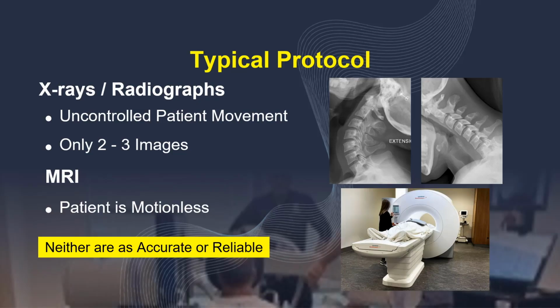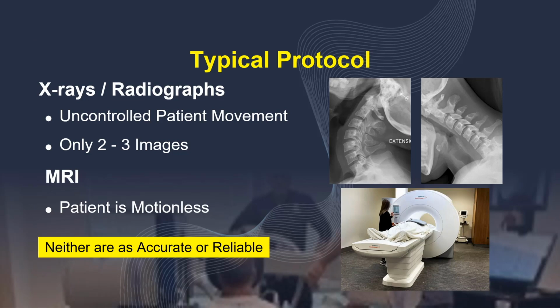You already know as a provider watching this presentation that when you ask a patient to flex or extend, they're going to move, or they may not give you a full effort. And especially in the lumbar spine, asking them to bend over at the waist or bend backwards, this creates the possibility of missing injuries, and it's not reliable, it's not consistent, and unfortunately, it's not as accurate.